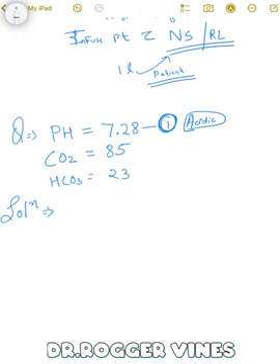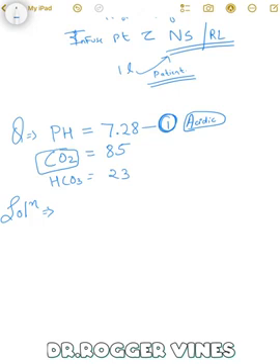Secondly, what we see in carbon dioxide: the carbon dioxide is more than 60. What I told you before is that if the carbon dioxide is more than 60, the patient is having acidosis, like the patient's CO2 is at acidic levels.